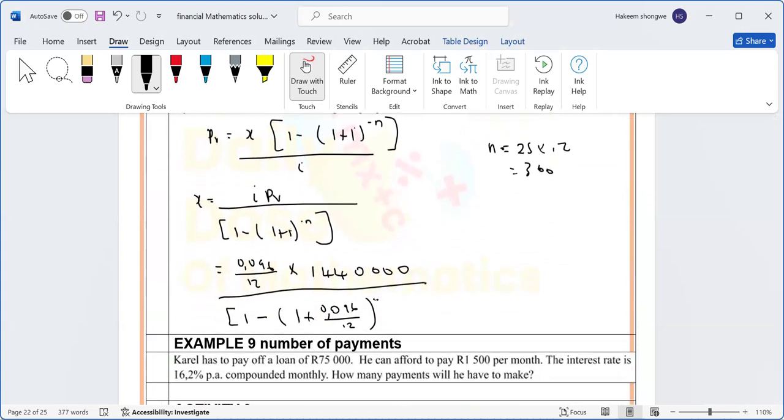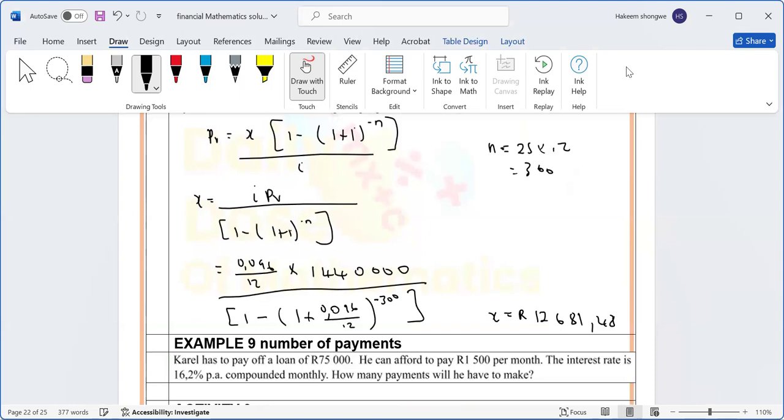So you're going to pay 300 times. What did we get as our X? It's 12,681.48. Okay, guys, remember this.